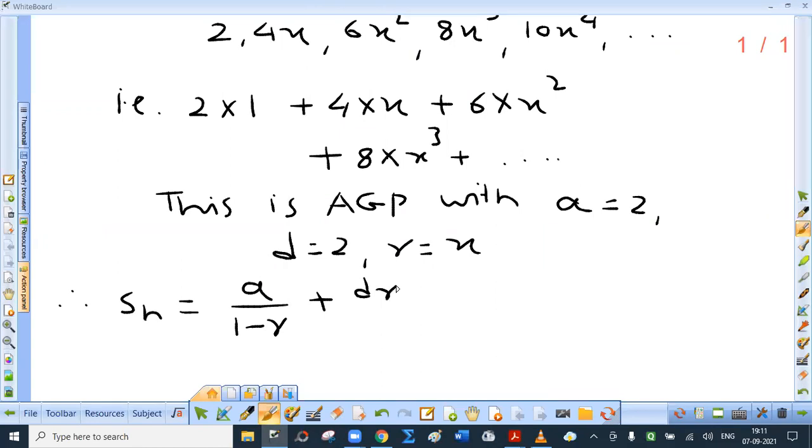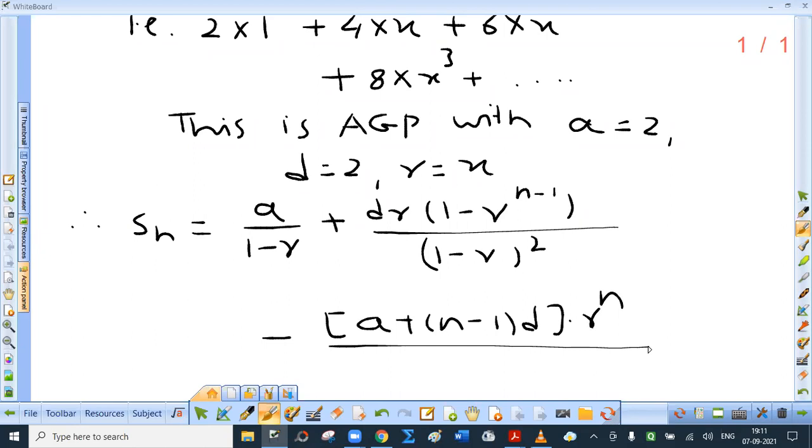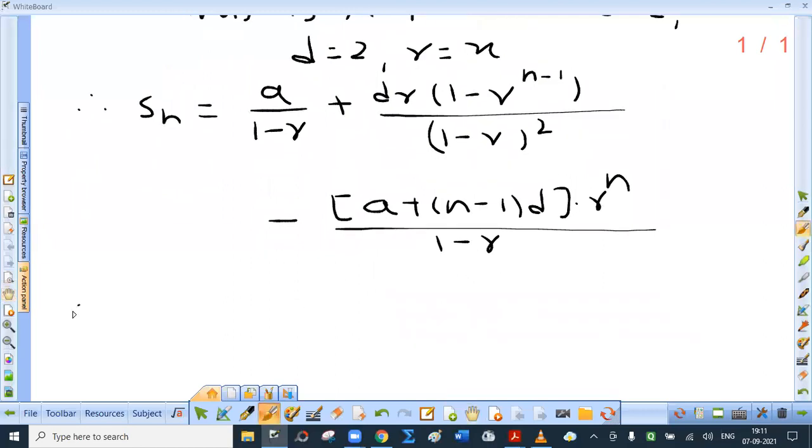A upon 1 minus r plus dr into 1 minus r raised to n minus 1 upon 1 minus r bracket square, minus, this part can be remembered easily, this is nth term of AP into r raised to n upon 1 minus r. Now, substitute the values and simplify.